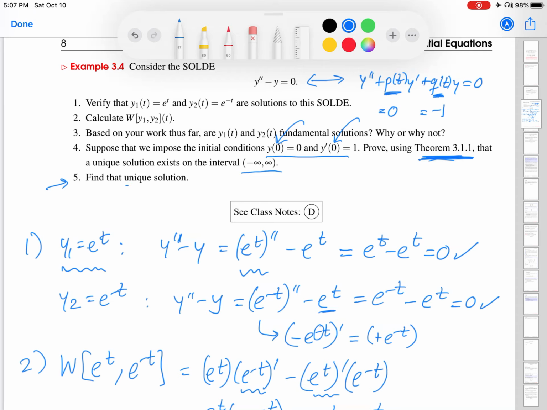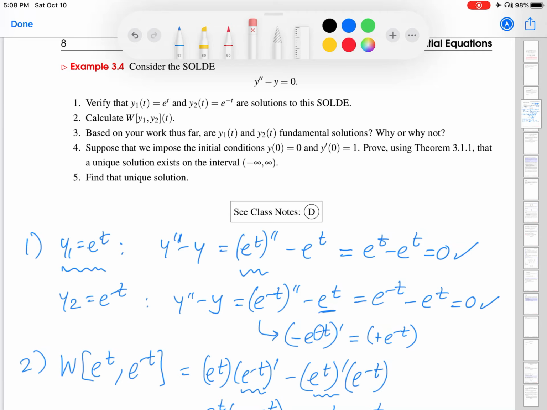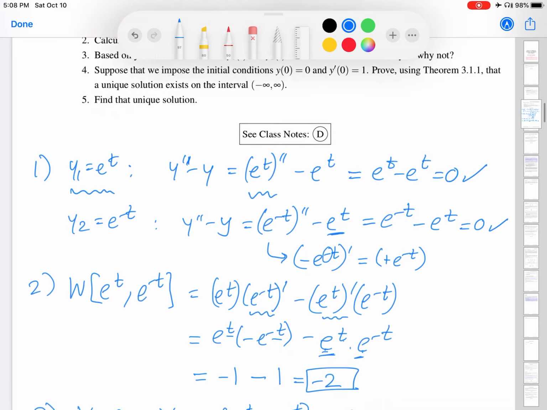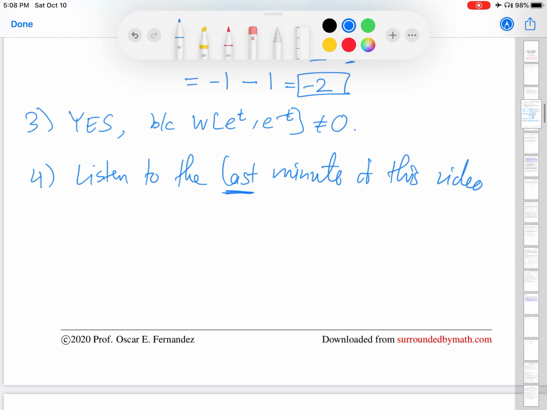So let's go up here and talk about number 5. Finally, find that unique solution, right? The theorem tells us that we know a unique solution exists. There must be one. How do we find that unique solution? We are going to apply the same procedure that we applied in the previous example in this lesson. To find that solution, I know from theorem 3.1.2 that y of t equals the linear combination of the 2 known solutions.